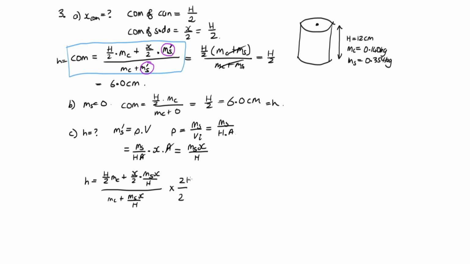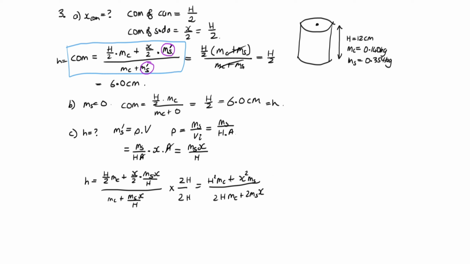We'll actually times it by 2h, because that'll make it a little bit prettier. So we end up with h squared times the mass of the can plus x squared times the mass of the soda, over 2h times the mass of the can plus 2msx.